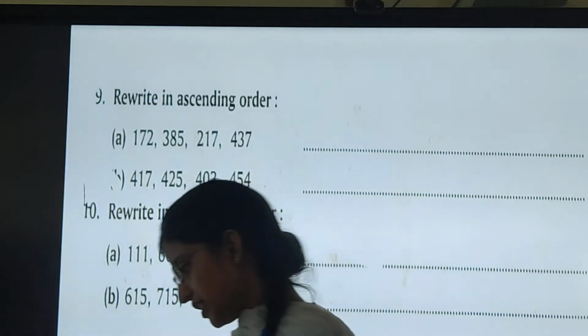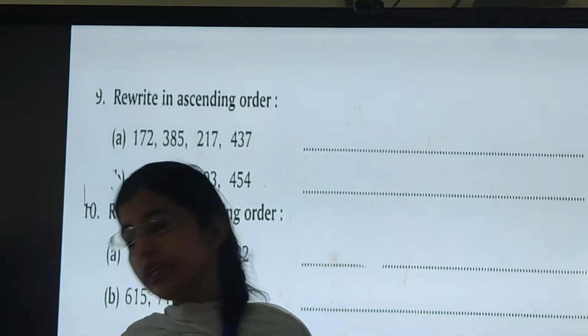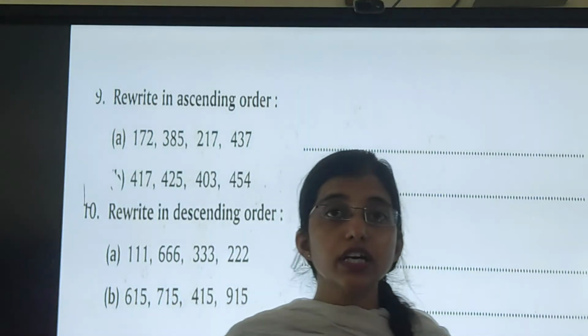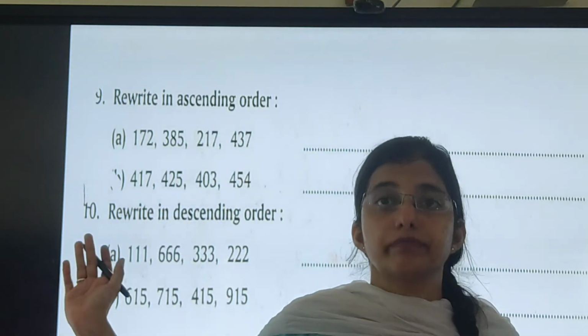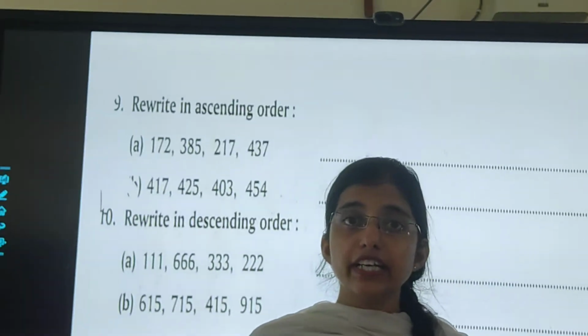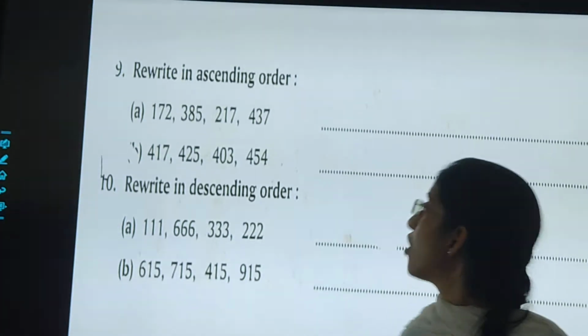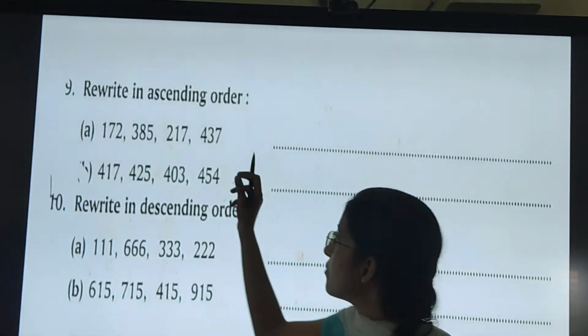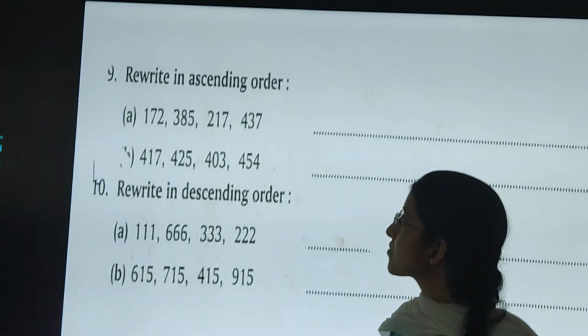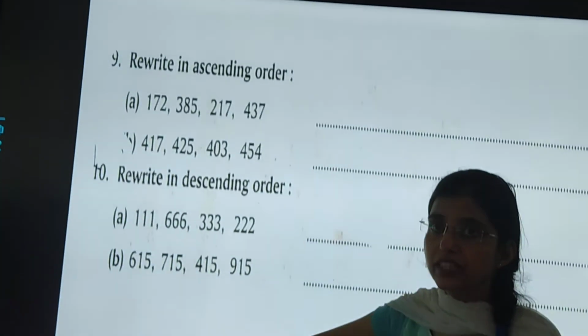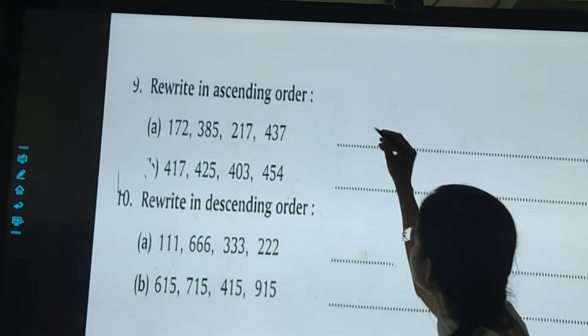Rewrite in ascending order. So children, what do we mean by ascending order? छोटे से बड़ा. So the smallest number, which is the smallest number here? Let's see. It is 172.